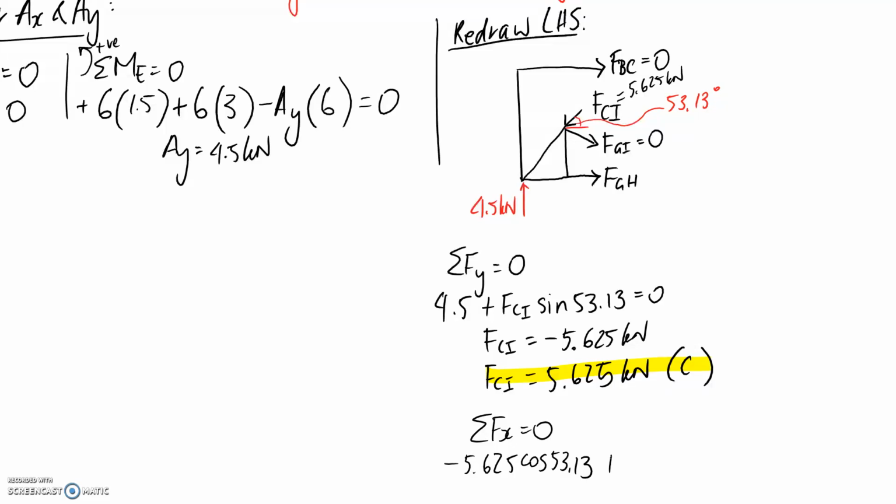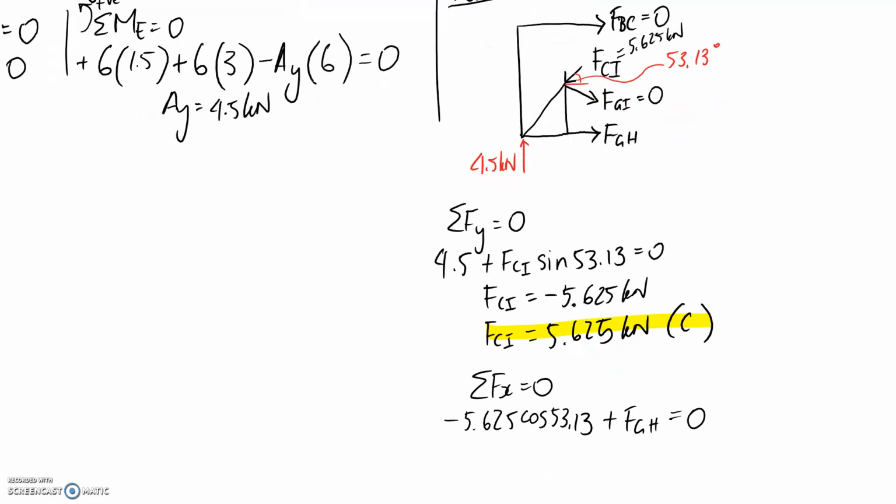And this one is completely in x. Alright, so we should be able to solve for it. It's going to come out to be a positive value, which means that we got the direction correct on the diagram. And it comes out to be about 3.375 kilonewtons. The direction was correct and it's pulling away from the joint, so it's going to be a tension member.